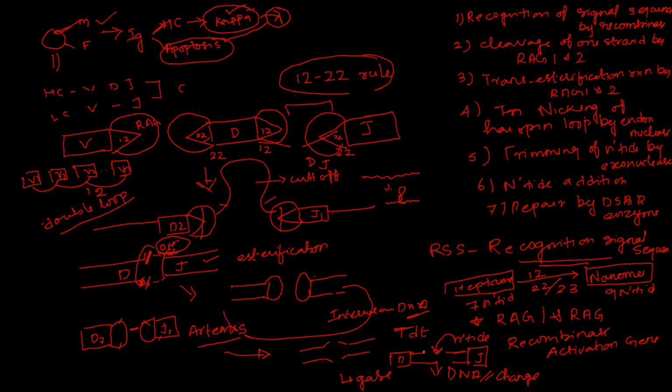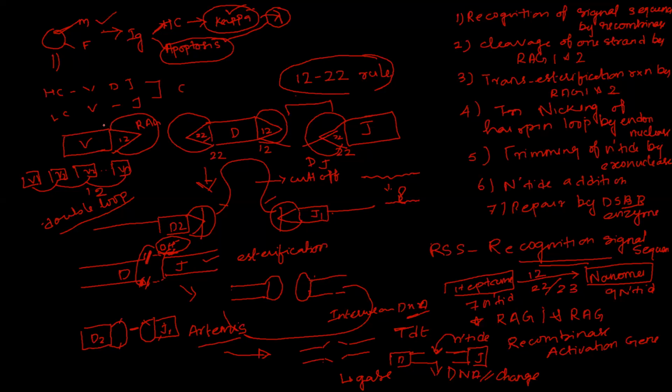It is going to close the nick. The last part is the double-stranded DNA repair enzyme, which is going to come and repair if there is any mismatching of nucleotides present. Okay, now I hope you understood this.